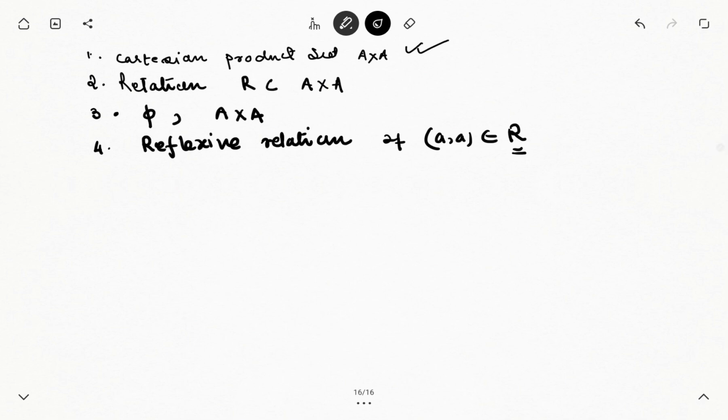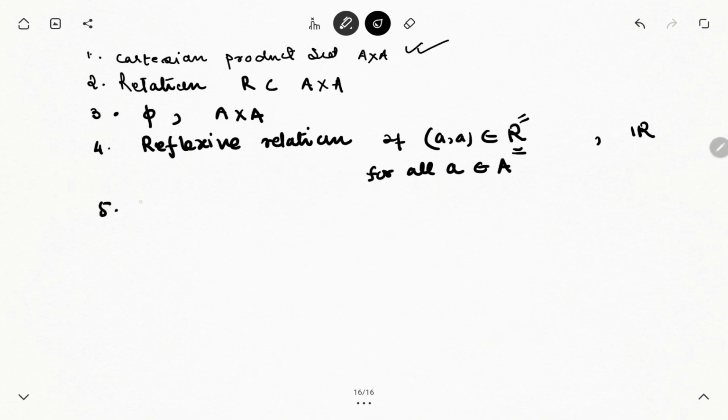When we consider the set of real numbers, we write it like this, with a double line R. So this is relation R. So (a, a) belongs to R for all a belonging to set A. This is known as a reflexive relation R in a set A.